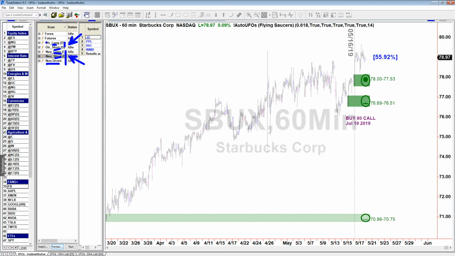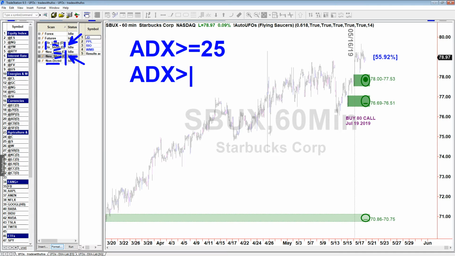Another difference is that the directional scans not only look at the trend being up or down, they also look at the trend being strong. And this is done by using an ADX greater than or equal to 25. So it's not only an uptrend or a downtrend, but that trend is strong, ADX greater than 25. The ones that are neutral are looking at the trend, but they will take anything less than or equal to 25.